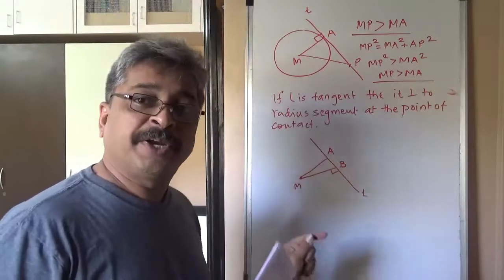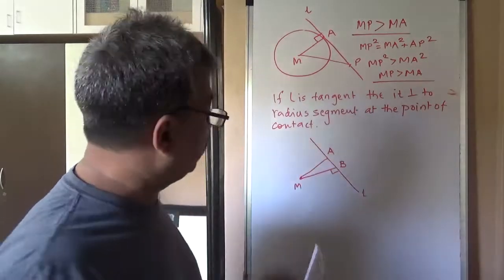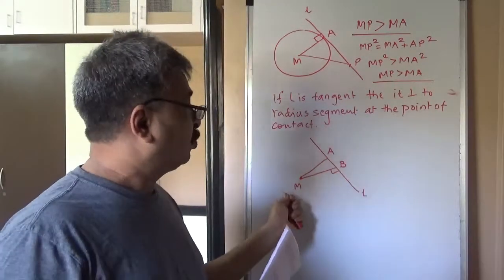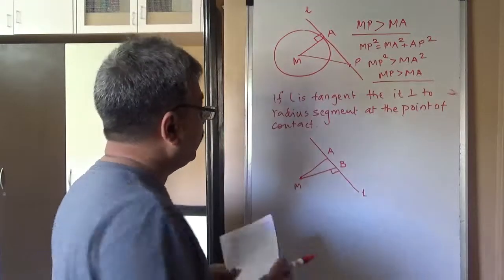Suppose MA is not perpendicular, then we can always draw a perpendicular from M on any line. So we have drawn the perpendicular, which is MB.